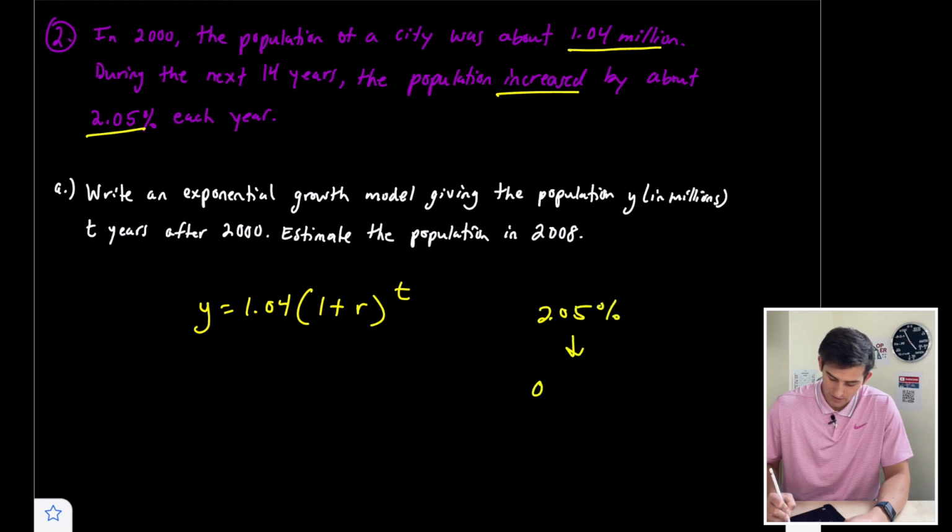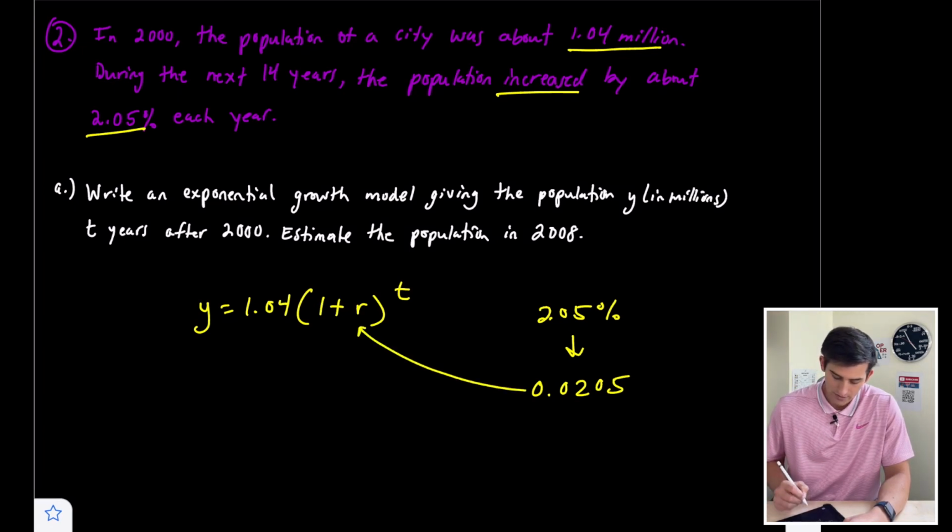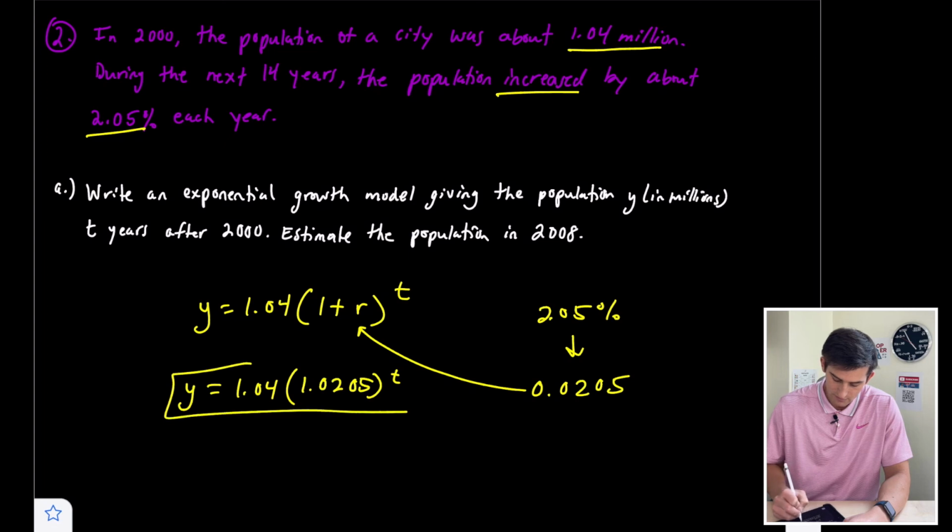That's going to be 0.0205, essentially moving the decimal two places to the left. We plug that in for r, so we're just going to add 1 to it. Our exponential growth model would be y equals 1.04 times 1.0205 to the t. That would be our model.